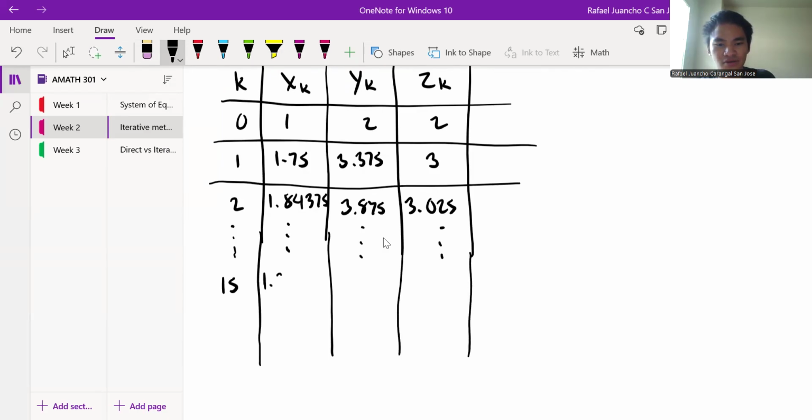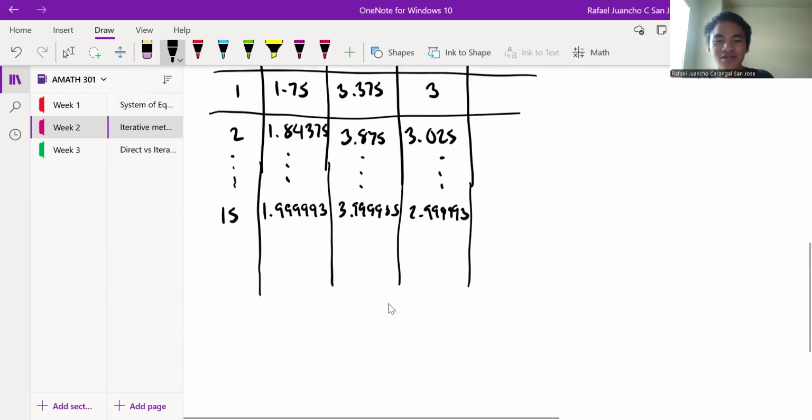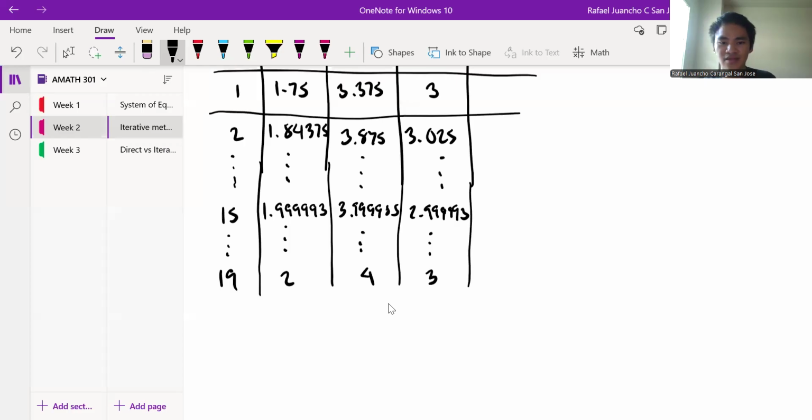And I get 1.999993, 3.999985, 2.99993. So here I'm actually getting close. And by the 19th iteration, I actually go to a value, 2, 4, 3. And that's the final, right?